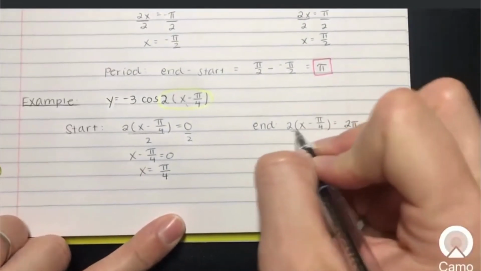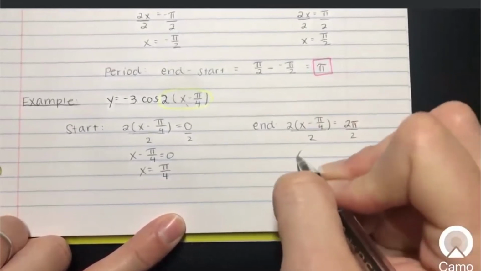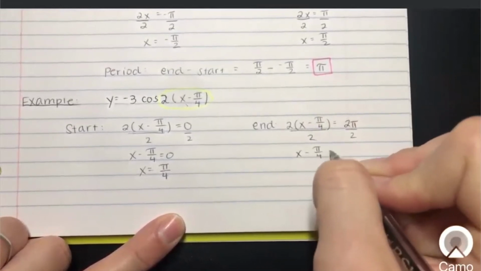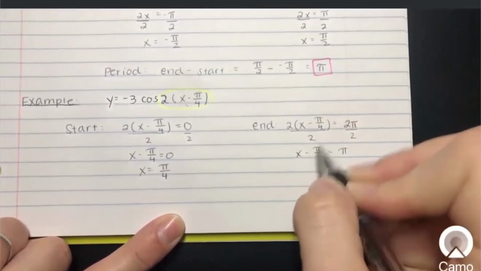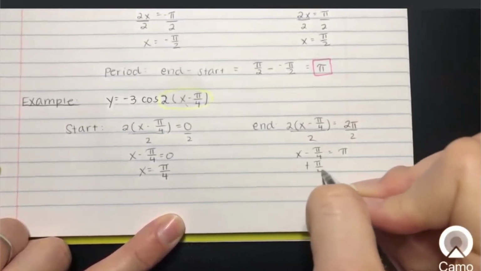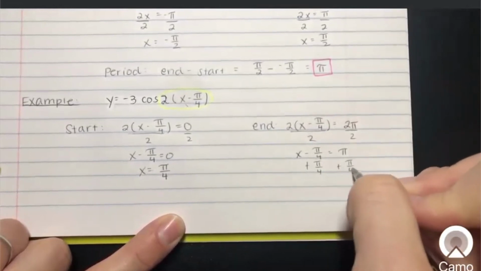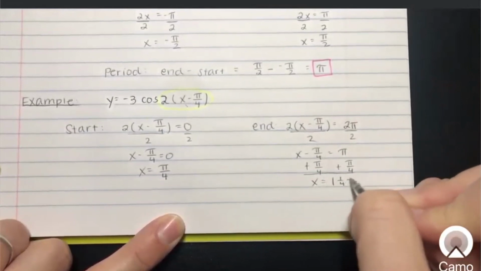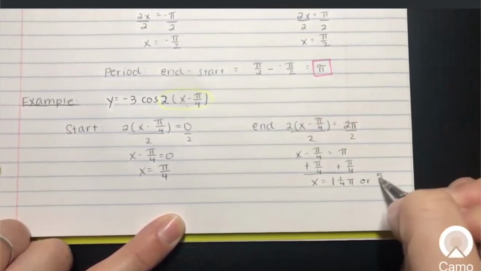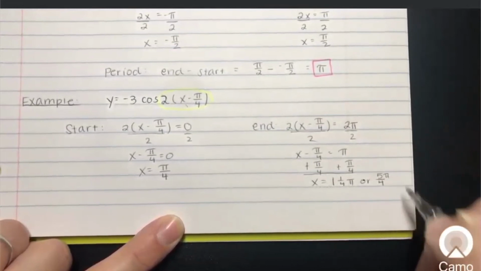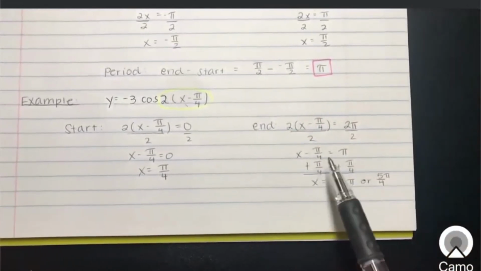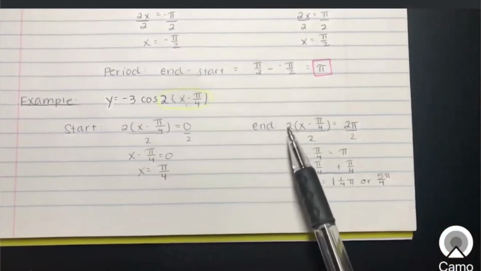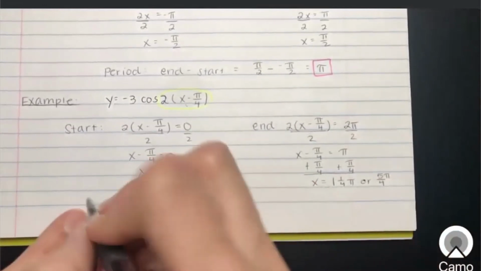So we'll divide by 2 to solve. x minus pi over 4 equals pi. If we add pi over 4 to both sides, we get 1 1/4 pi, or 5 pi over 4. Again, we're finding the period, so we're taking the ending point minus the starting point.